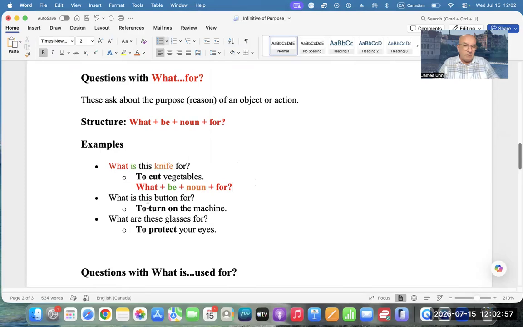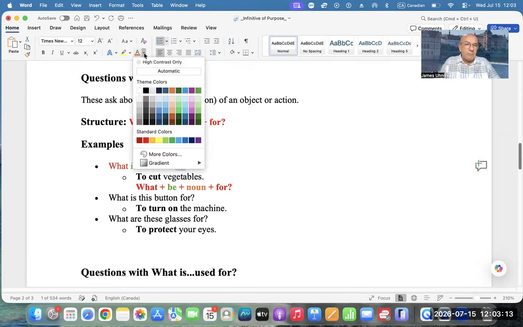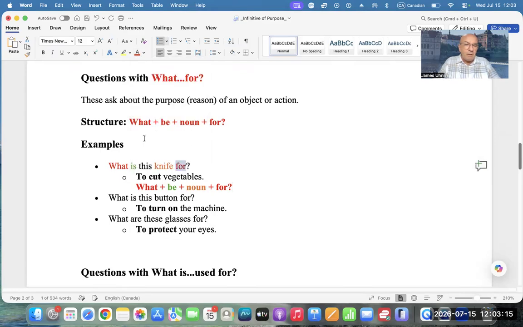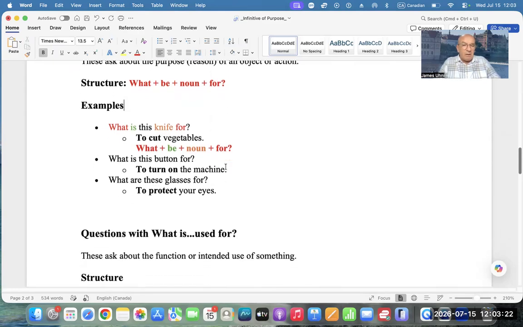Here is this and these. Could we use a demonstrative pronoun before the noun? Yes, but it's not necessary. And for is red, because we have the question between what and for. Same thing here.